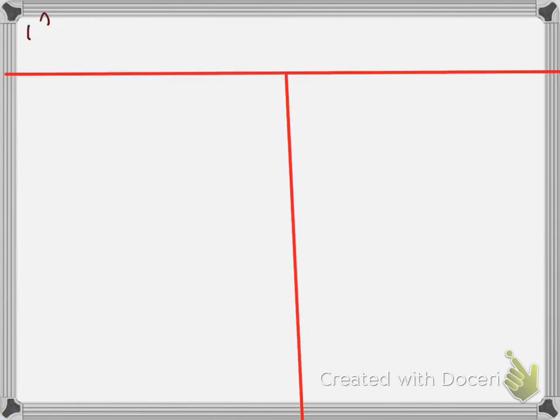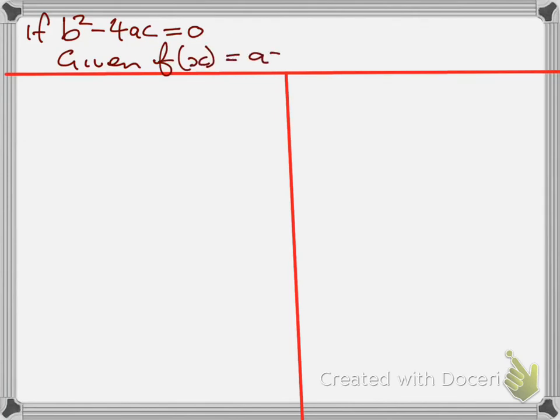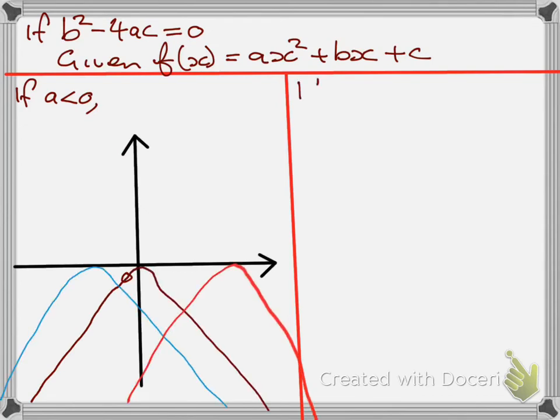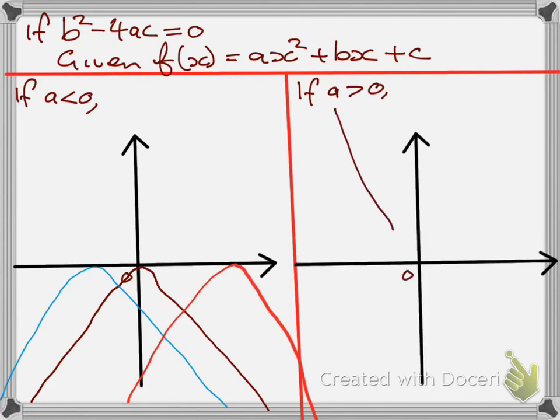Moving on, if our determinant is equal to 0, given the function f of x, let's look at the two scenarios. If a is less than 0, there is a local maximum point, so the x-axis is tangent to the turning point of the graph.